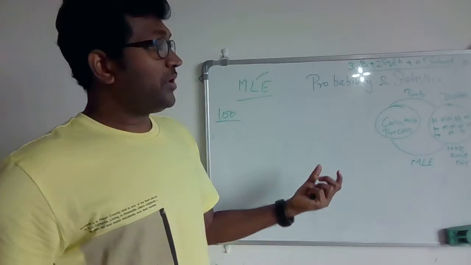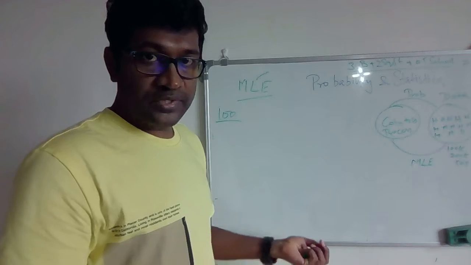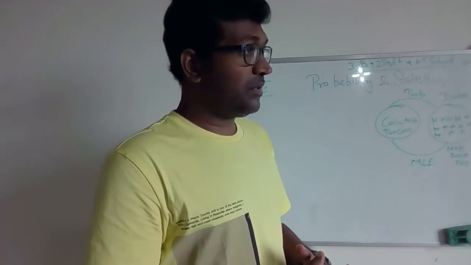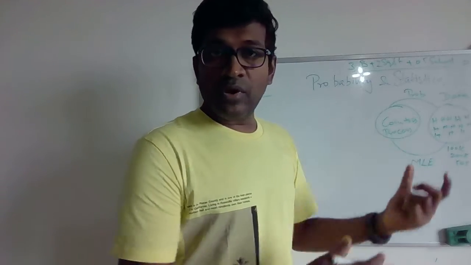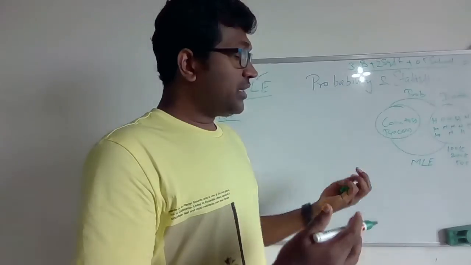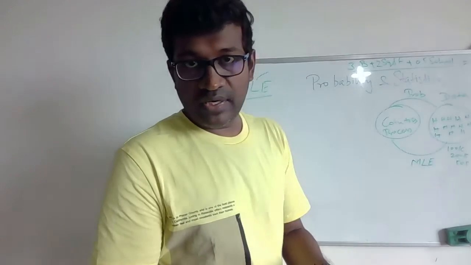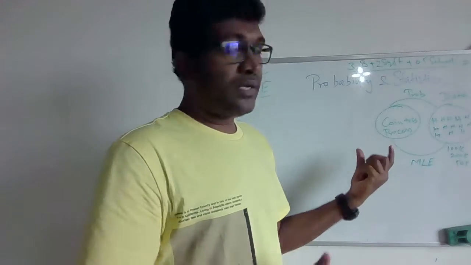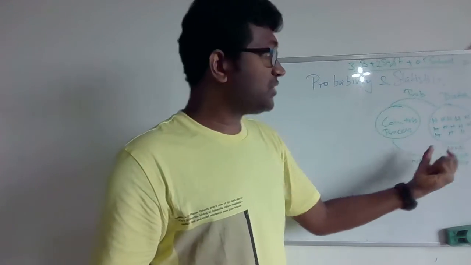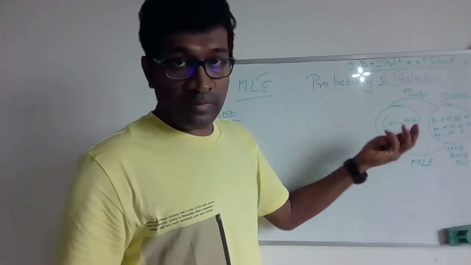Suppose we are trying to find the height of students in a university or height of citizens in a particular state. Then we assume that the data comes from a normal distribution, because height could vary from, let's say, 150 centimeters to 180 centimeters. That could be the variation. Whatever data we observe, we believe it comes from a normal distribution, because without making assumptions we cannot infer or move on to the next step.